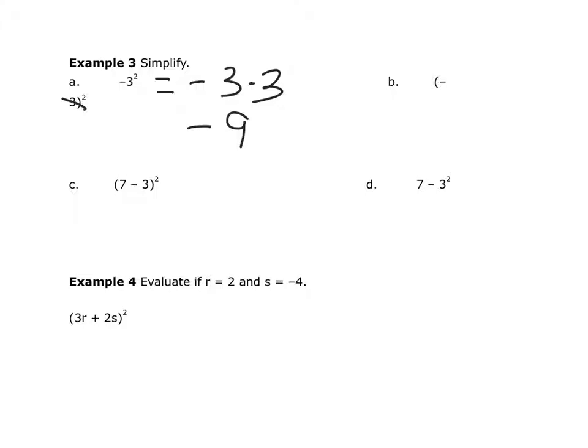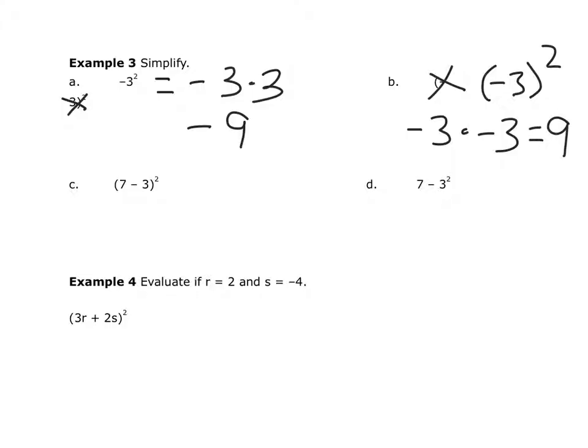On this next one, my print off here is messed up, so let's go ahead and rewrite that. I get negative 3 squared. So you have to be careful on this one. This time, like Fritz said on Thursday, the base of negative 3 is being squared. So I'm going to do negative 3 times negative 3, which is positive 9.